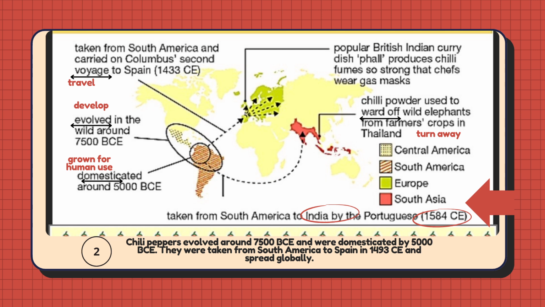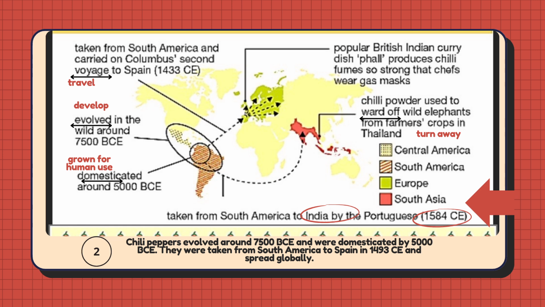When we say farmers' crops, these are the plants of the farmers, and the wild elephants are using the crops. So the people from Thailand use the chili powder to turn away all the elephants.